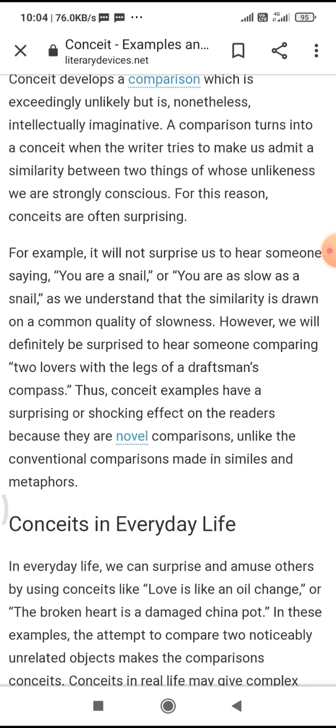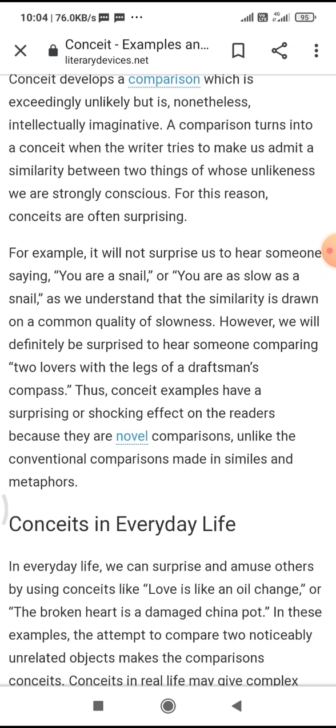The next is conceits in everyday life. When do we use conceits? In everyday life, we can surprise and amuse others by using conceits like "Love is like an oil change," or "The broken heart is a damaged china pot."